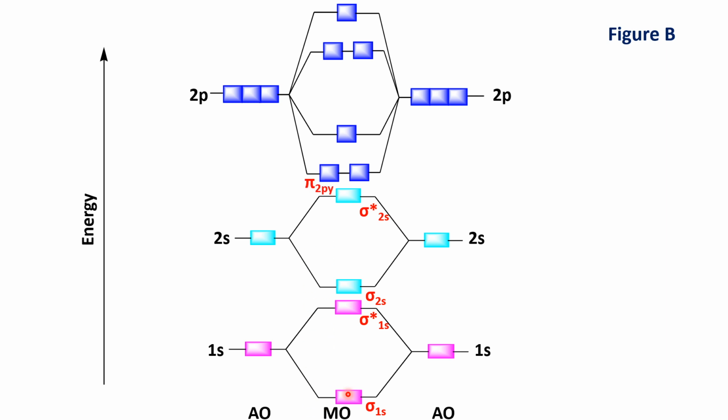Their names are: the lower are pi 2py, pi 2pz, and above that sigma 2px. This is the change over here. In the earlier figure, the position of this sigma 2px was over here, right? But in this figure, the sigma 2px is shifted above the pi 2py and the pi 2pz. This is due to the interaction between the s and the p atomic orbital. So these are the 3 bonding molecular orbitals.